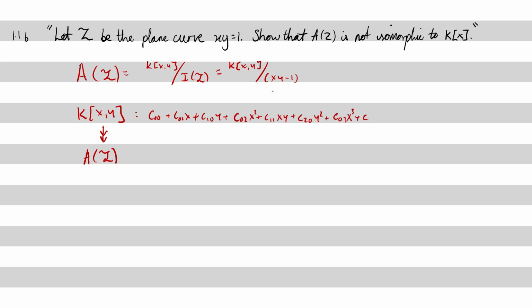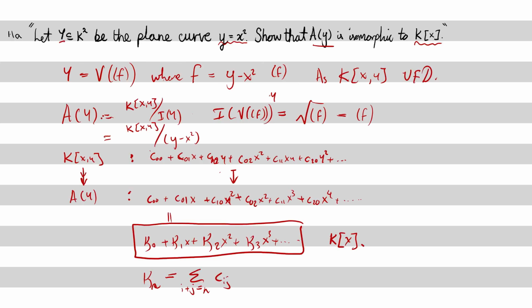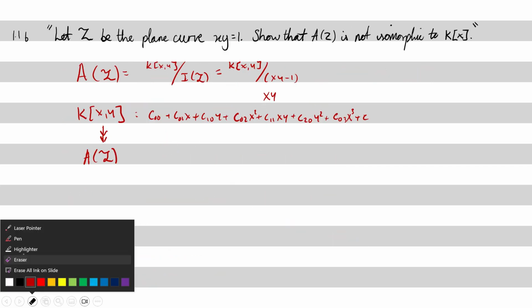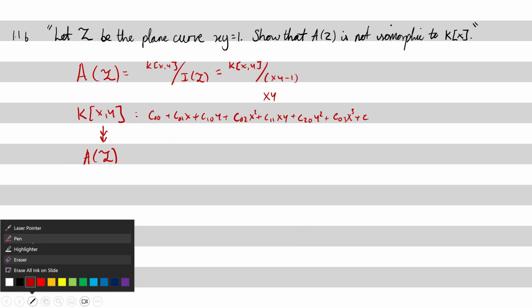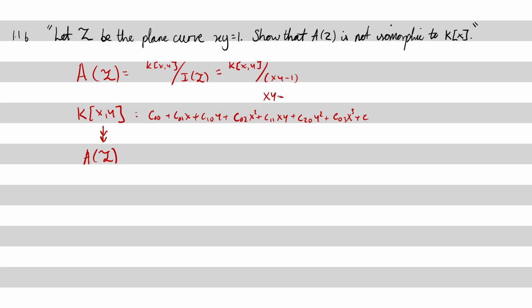And what we're going to see is, oh god, I'm terribly sorry. What we are going to see is xy equals 1, not y. What is going on?